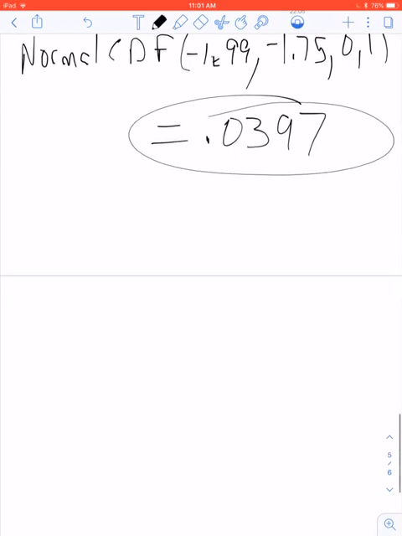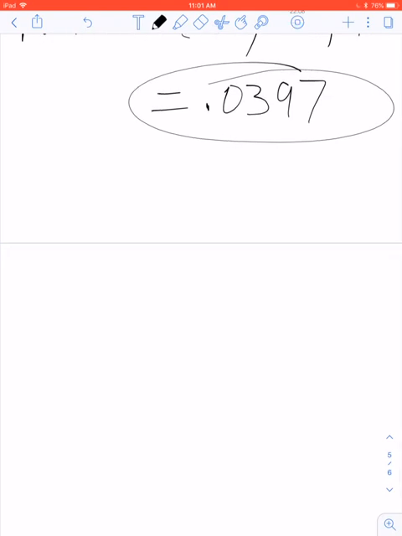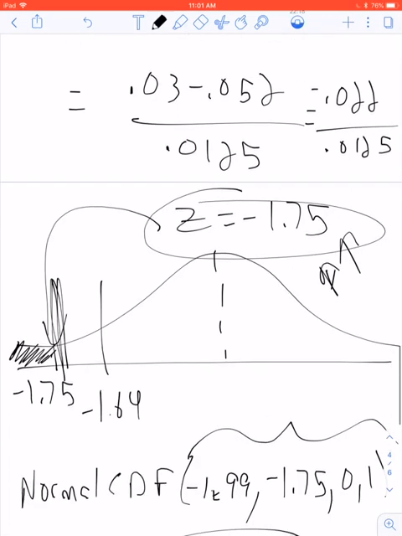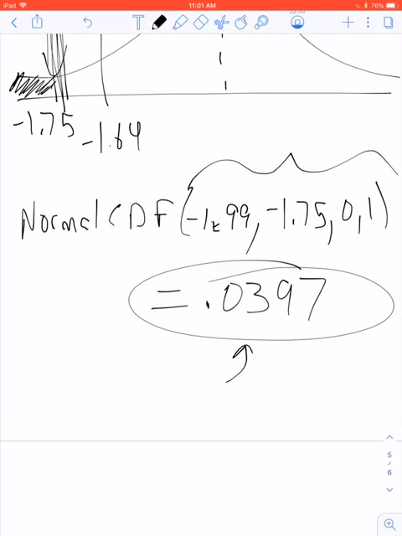We were testing at the 5% level. Okay? This p-value says that we will get a test statistic this low or lower purely by chance only 3.97% of the time. So what's more likely? The aspirin actually helped lower people's rate of getting cancer, which is why our test statistic was this low, or aspirin and placebo actually work exactly the same, and we got a test statistic this low purely by chance.